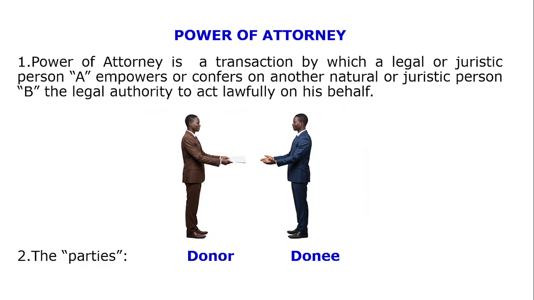However, the law provides that for a power of attorney to be valid, the parties involved must be juristic persons at law. That is, they must be persons known to law, natural persons or artificial persons. Like you listening to me, you're a natural person, right? A company is an artificial person, right? So a donor and donee must be persons at law.